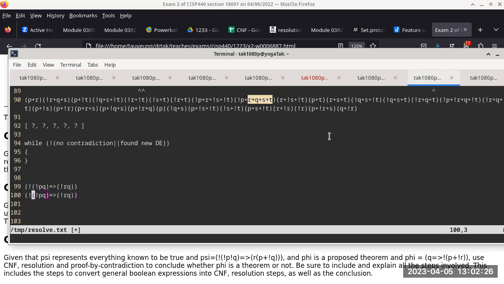The way I usually do it is like this: I add a negation on this side and turn the implication into OR. Are we doing okay so far? This is the definition of implication. And then I do the simplification.